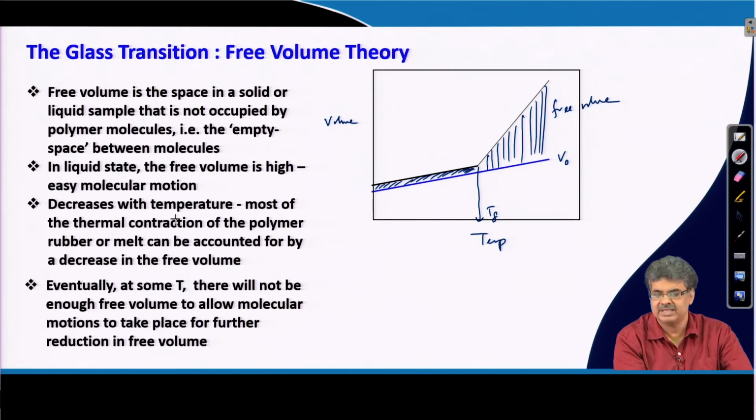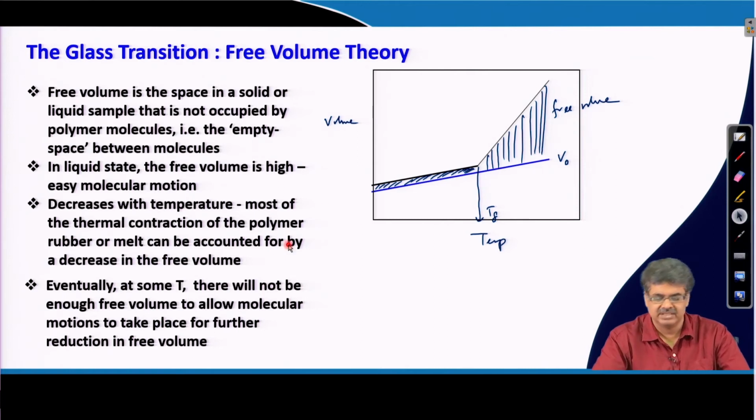So, with decreasing temperature, most of the thermal contraction of the polymer rubber melt can be accounted for by the decrease in free volume. Eventually, at some temperature, which is Tg, there will not be enough free volume for the molecules to reorient or change conformation for further compaction.